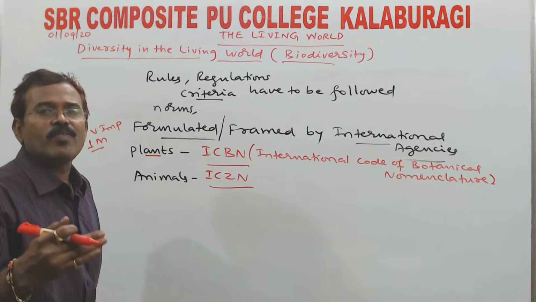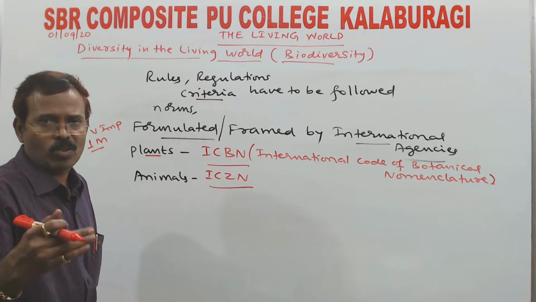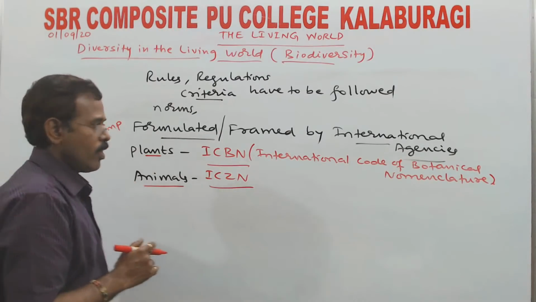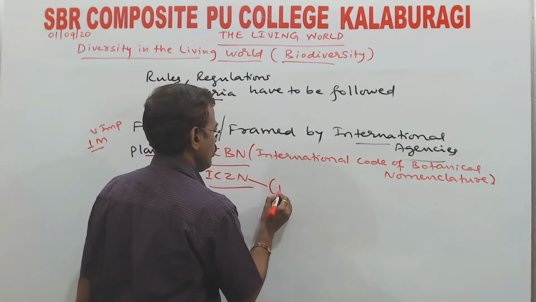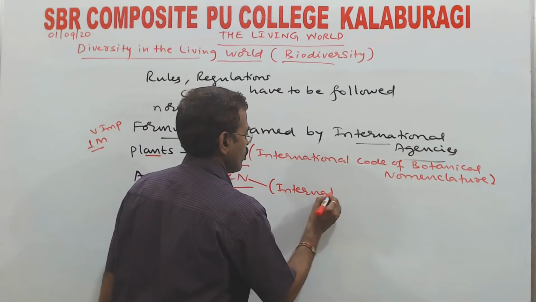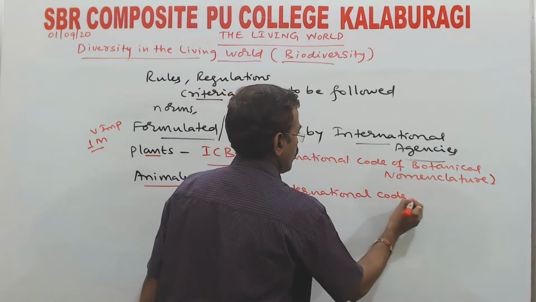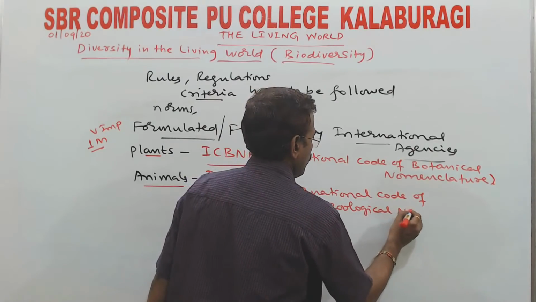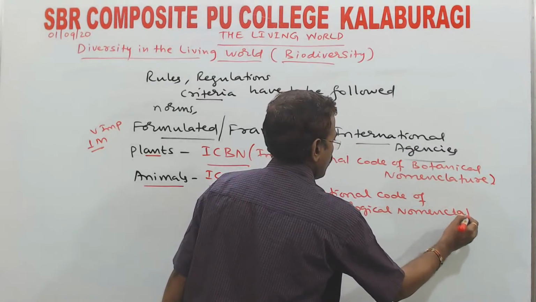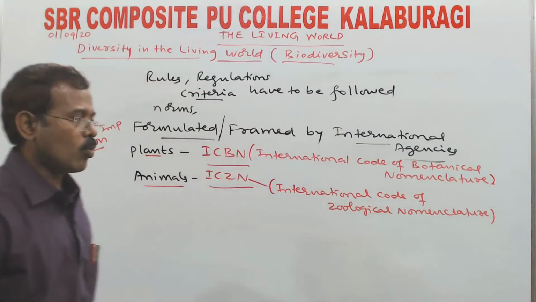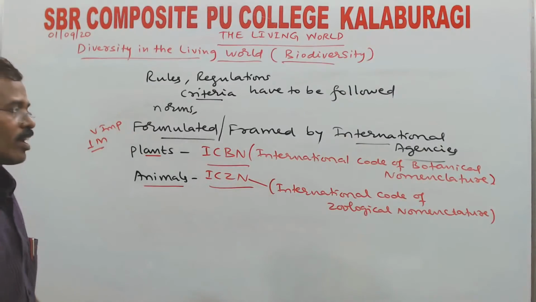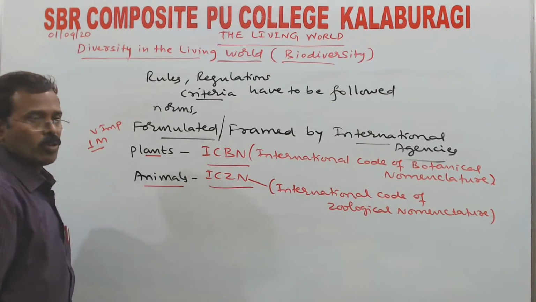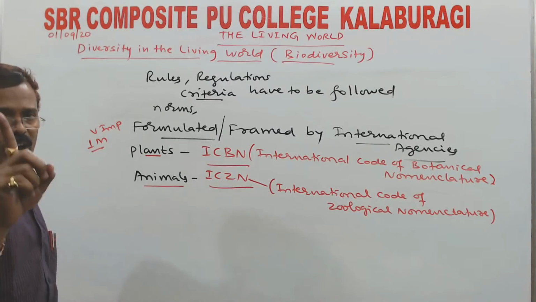Similarly, the scientific name for animals is given in accordance with the rules framed by ICZN, that is, the International Code of Zoological Nomenclature. So these two we have to remember, ICBN and ICZN, very important.